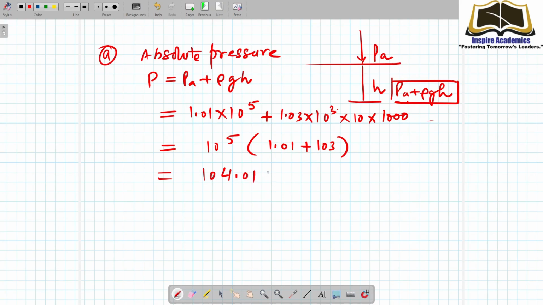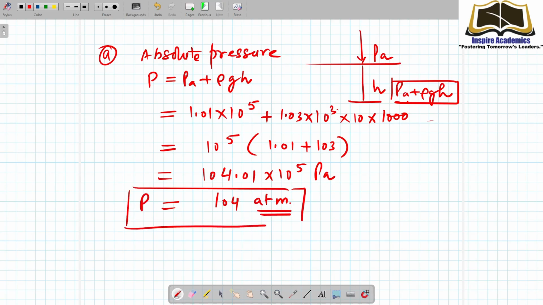Okay, and you can again call it 10 to the power 5 Pascal. So the amount is 104 atmospheric pressure, ATM, we can write like this. P is this. So the value of A is found.